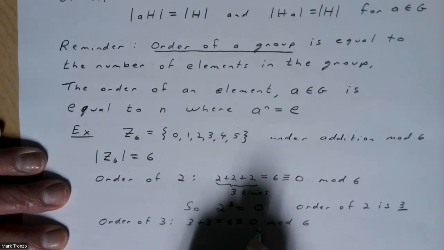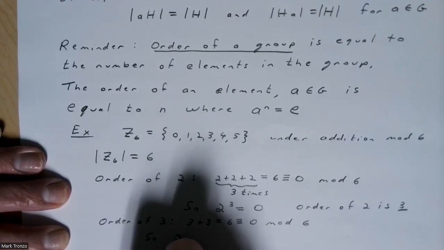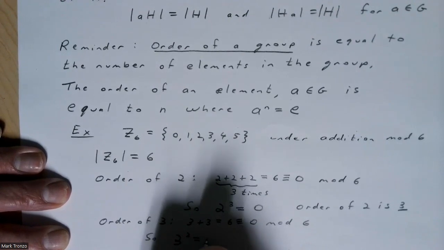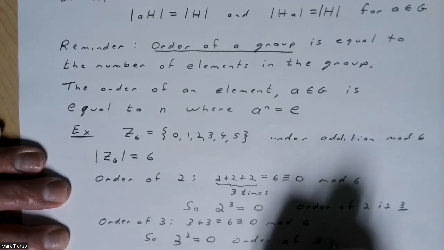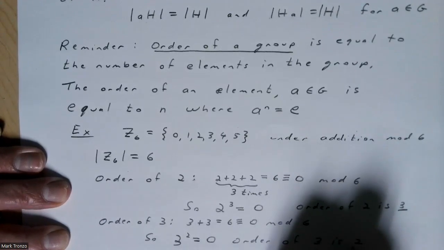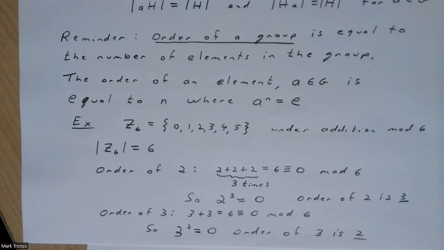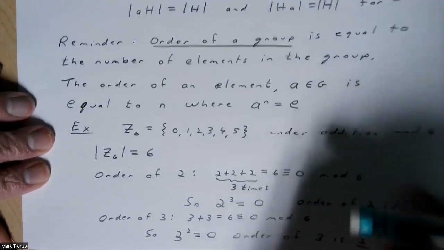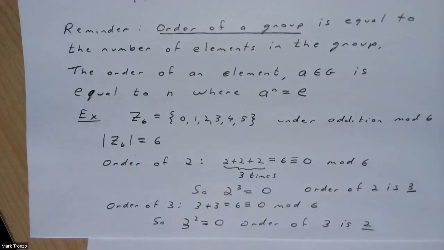And so the order of 3 would be 2. And then, of course, the order of the identity is 1, because you only have to take the identity just once and you get the identity. So that's just a reminder of orders of groups and of elements in a group.